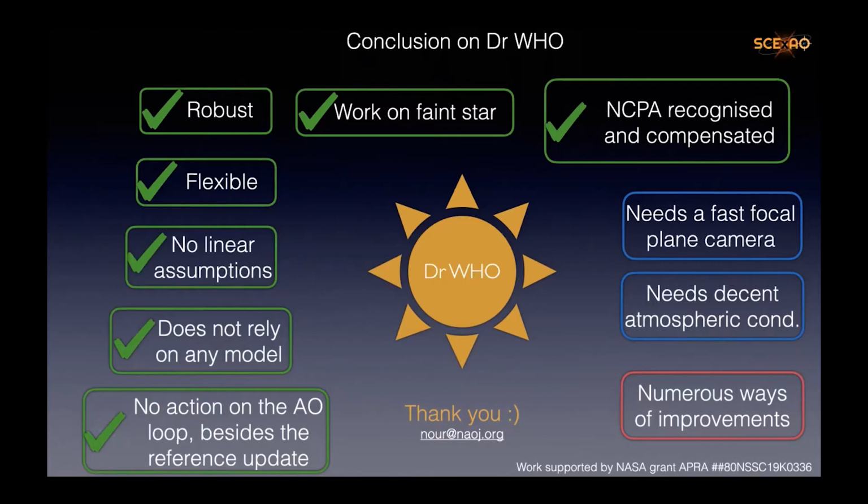You can't really, actually. You can go lower than 2 kilohertz. With VAMPIRES, for example, we were running at 500 hertz. All that matters is that it's fast enough to have a diverse representation of the atmospheric turbulence, to be able to randomly compensate, like do lucky imaging, to compensate for the NCPAs when the atmosphere has a specific aberration. Basically, the point is to be fast enough so that it can actually correct for the NCPAs.